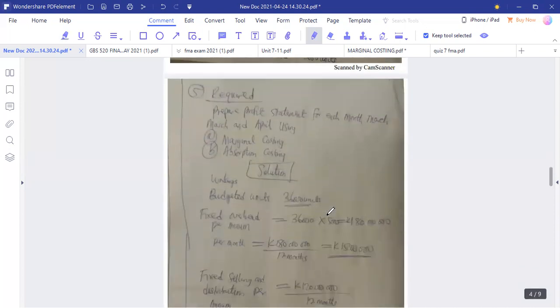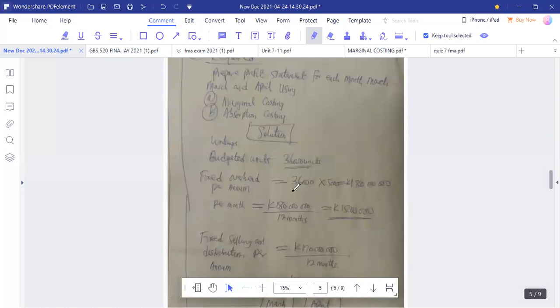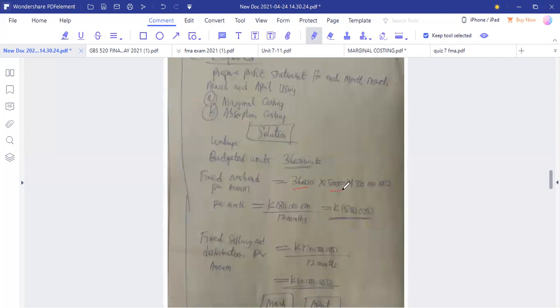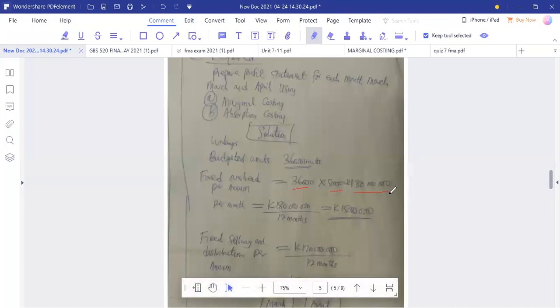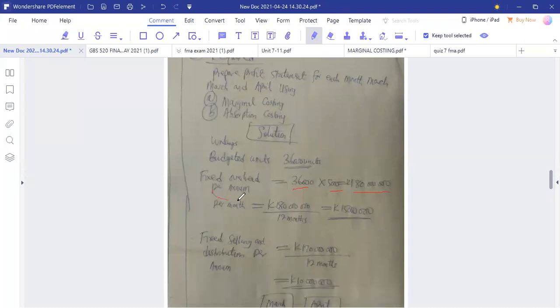So total fixed cost will be 36,000 units multiplied by the fixed cost per unit, which will give us 180 million. So this is 180 million, because we are saying this per annum, how many units? 36,000. And then the fixed cost per unit is 5,000. So we are getting 180 million here.